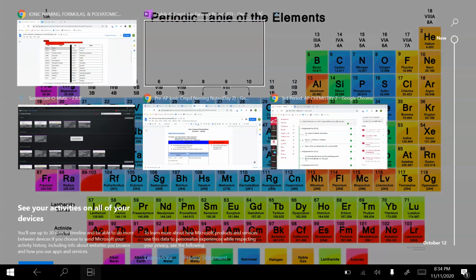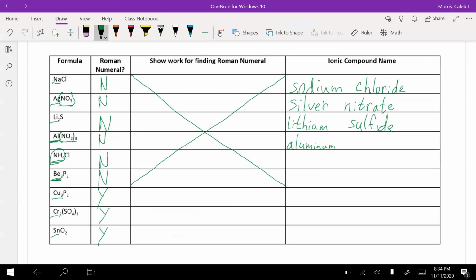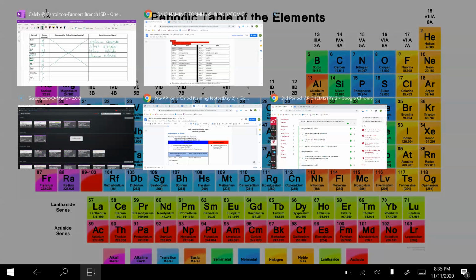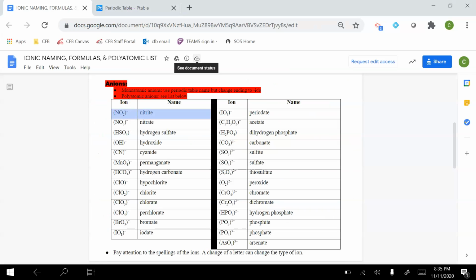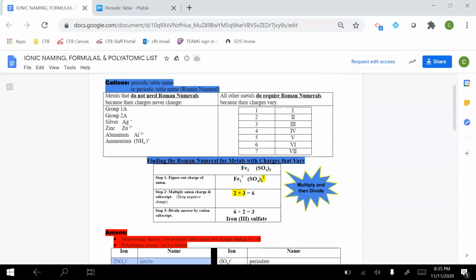Nitrite. Aluminum nitrite. Okay, NH4Cl. Don't forget, NH4 is our polyatomic ion, our positive polyatomic ion, which is called ammonium. NH4 is ammonium.